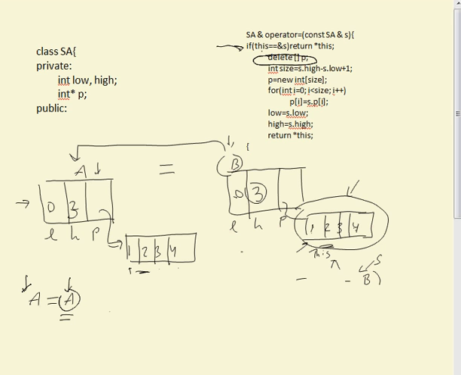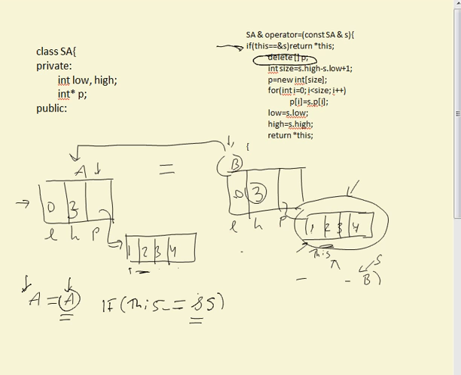And that's what this first statement does. This first statement says the following. It says, is it the case that this is equal to the address of S? Now, what does that mean? Well, what is the address of S? The address of S is the address of the object on the right-hand side, because S is the parameter that I pass in.